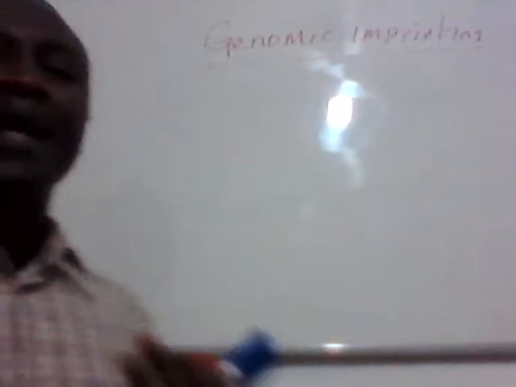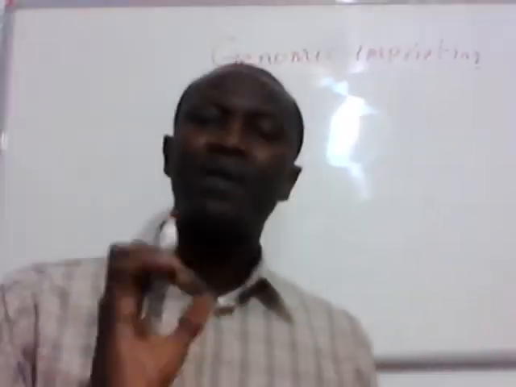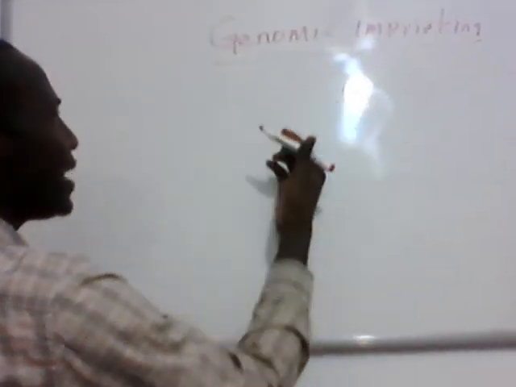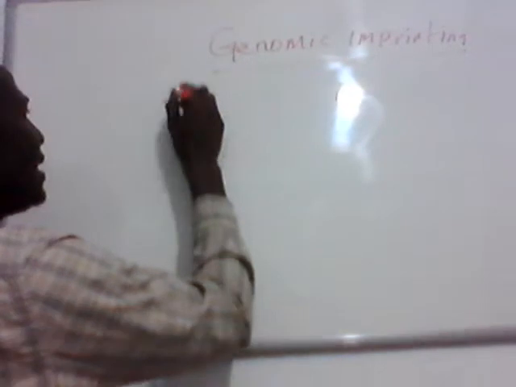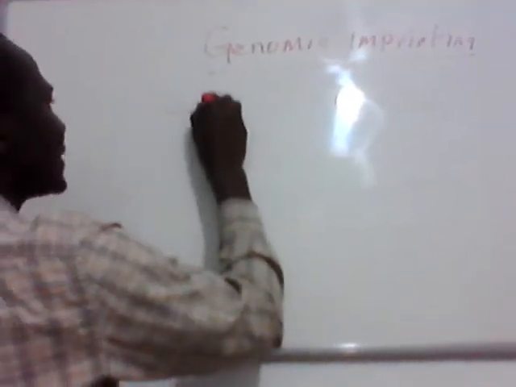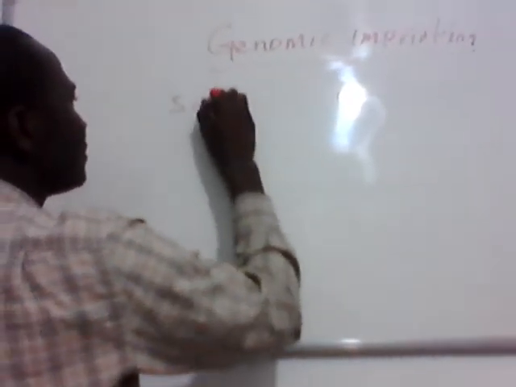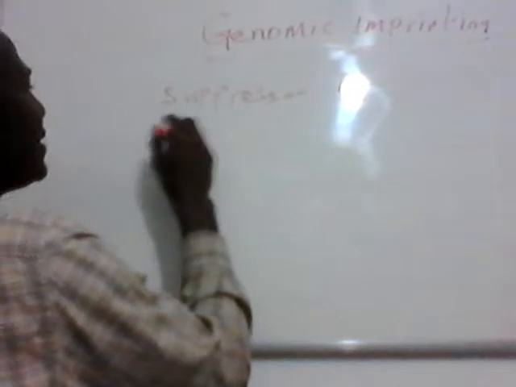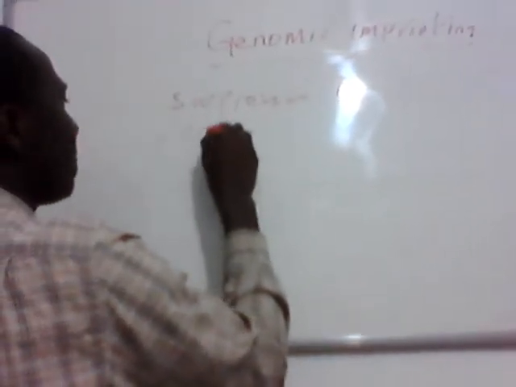But what is genomic imprinting itself? Now, genomic imprinting, as the term imprinting implies, is a kind of suppression of one gene while the other gene is expressed. So in genomic imprinting, basically one gene is suppressed and one of the genes is expressed.